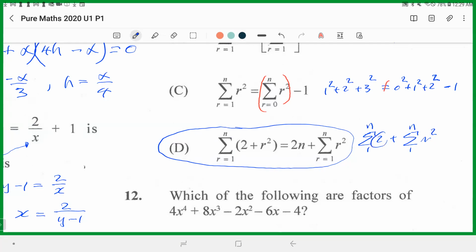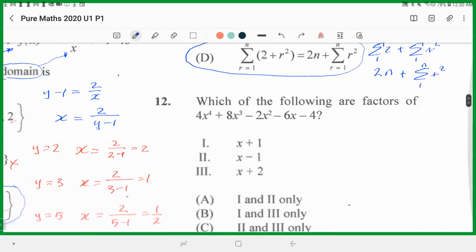Now the sum of 2 from 1 to n really is like 2 plus 2 plus 2 plus 2 plus 2 plus 2, n times. Right? So it's n times 2. So this actually becomes 2n. And if you notice, they did not expand that, they leave that. So this side comes back the same: sum from 1 to n of r squared. That is why this is the answer right there.